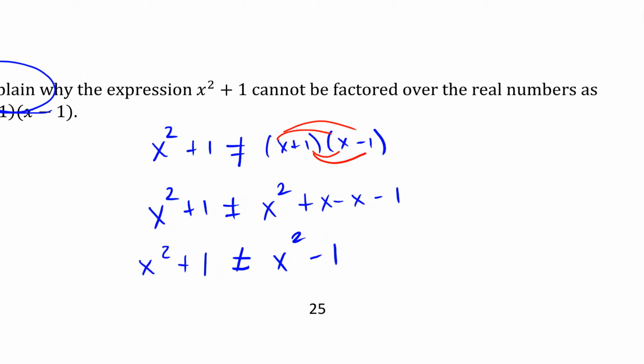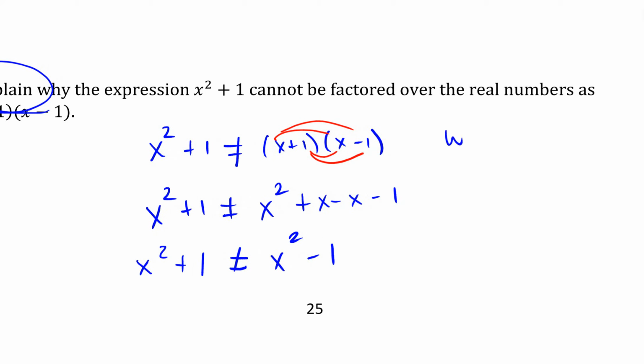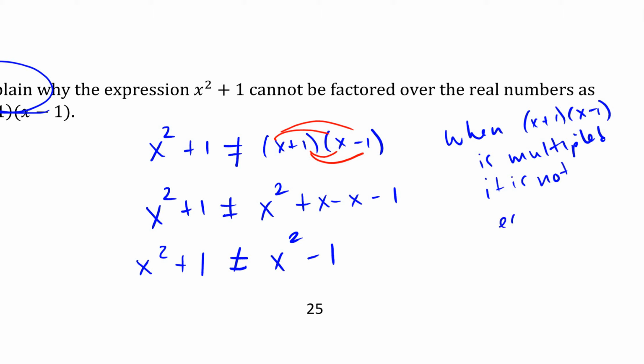So what I would have to say at this point is: when x plus 1 times x minus 1 is multiplied, it is not equal to x squared plus 1. Essentially, I'm restating what I did mathematically in words. It doesn't have to be word for word what I wrote there. You can write your own sentence that fits what you want.